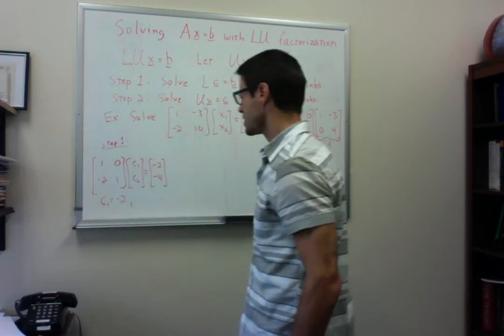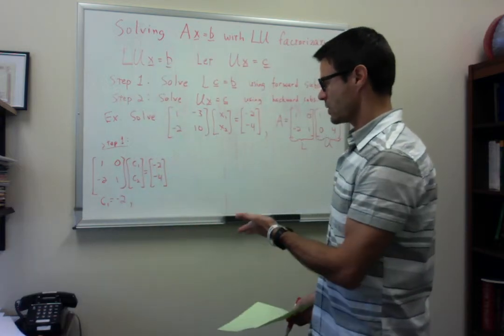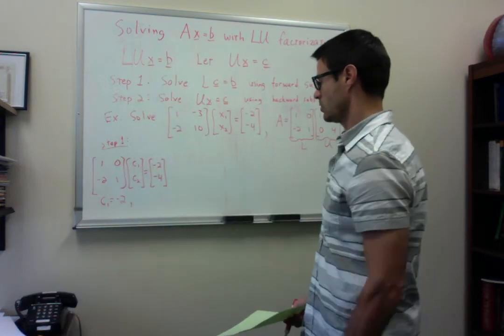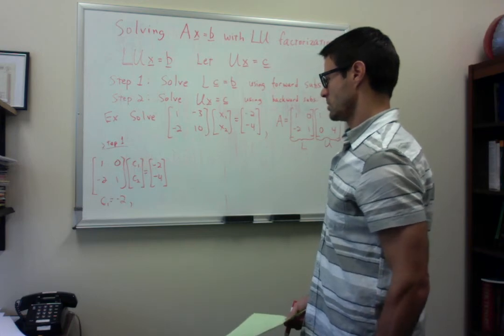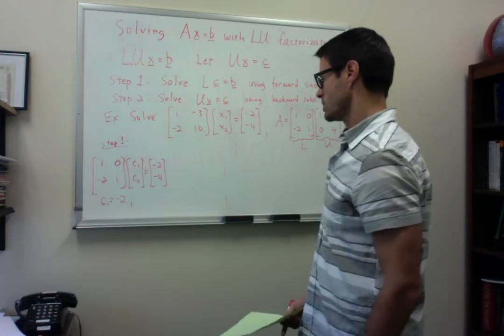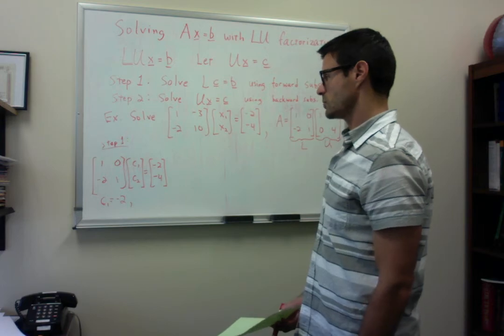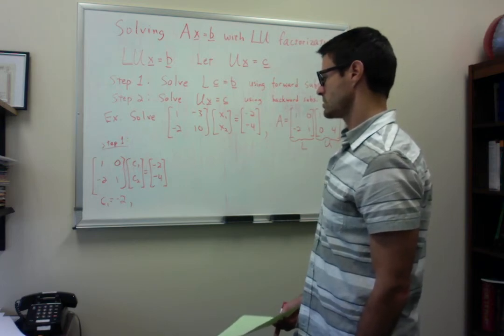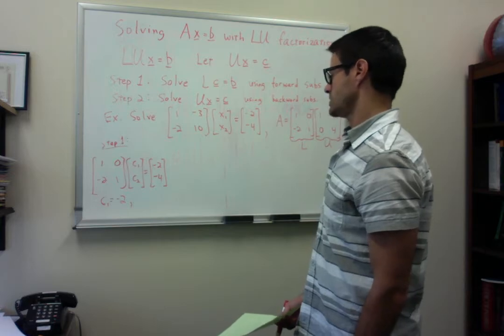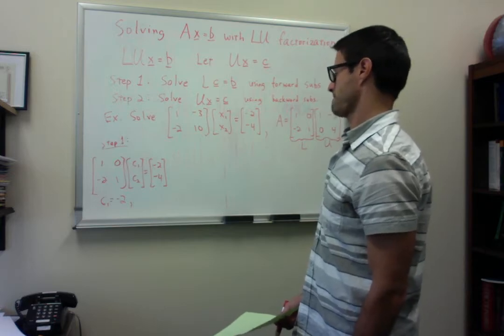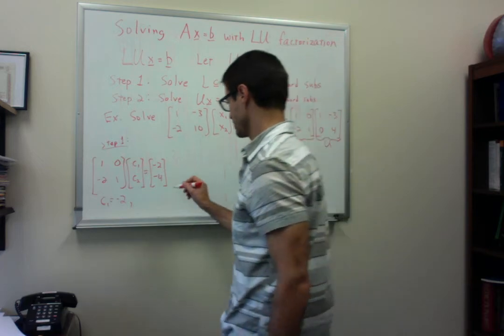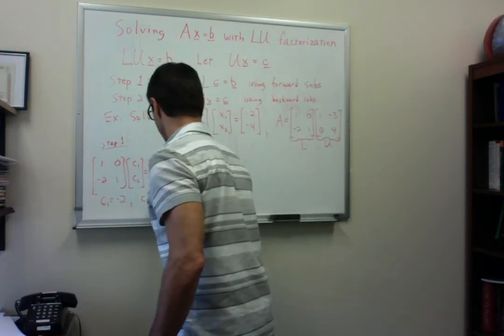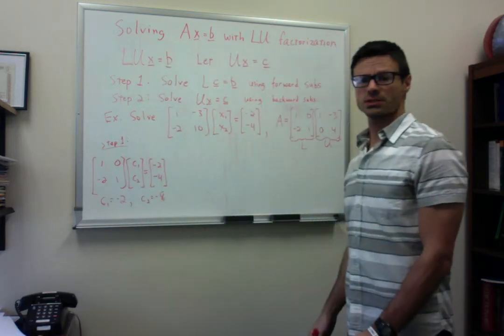And then once we know C1, we plug it into the next equation, represented by the second row of this matrix equation. And if I plug in minus 2 in for C1, we can solve for C2. And it turns out that C2 should be minus 8. And so we have our C vector.